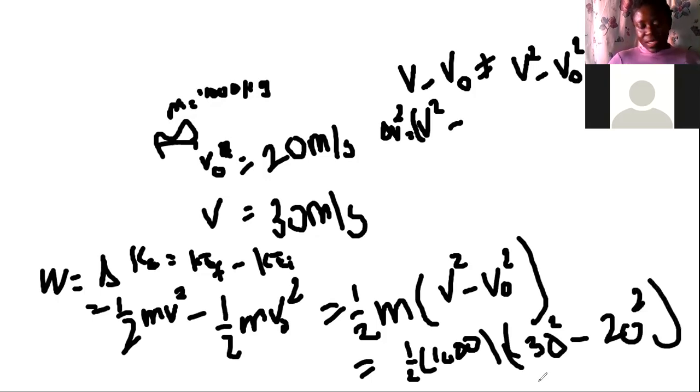So 30 squared minus 20 squared times 1,000 divided by 2, and we get something like 2.5 times 10 power 5 joules.